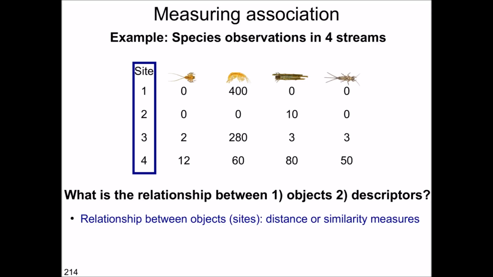Typically, you would look at descriptors when you have environmental variables and look at their correlation or something similar. The correlations of species are not that often analyzed. The association measures that you use to measure the relationship between objects are called distance or similarity measures.